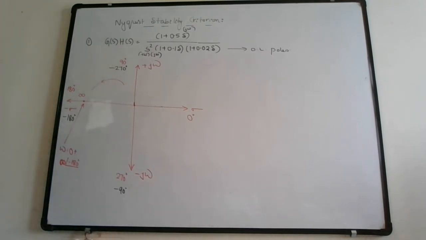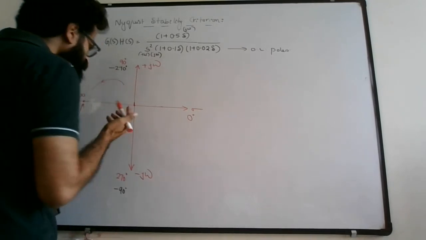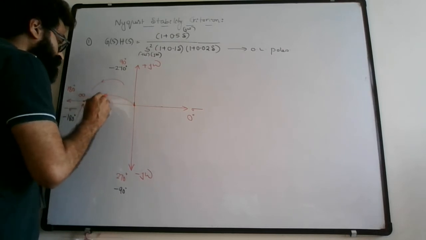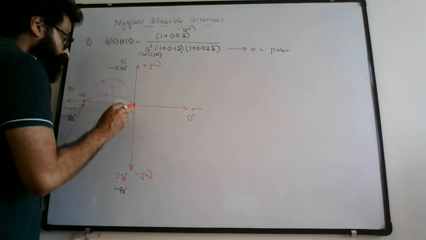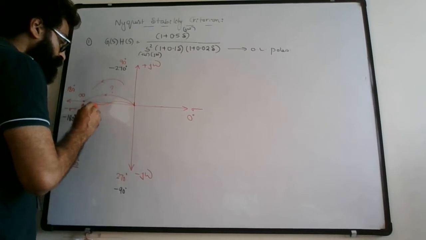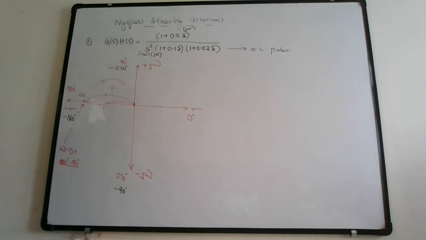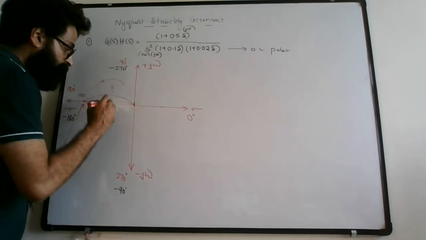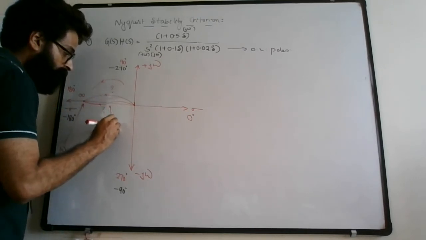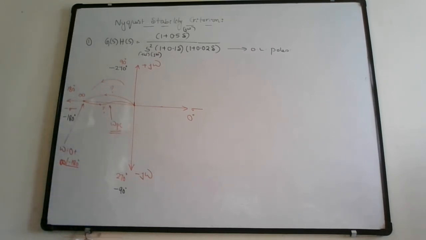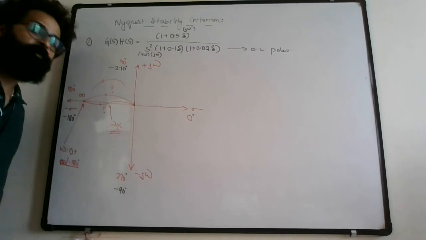Now when you say 90 degrees anti-clockwise, should it go something like this, or something like this? We don't know, because you have to see whether there is any phase crossover frequency or not. So you will have to find omega PC.